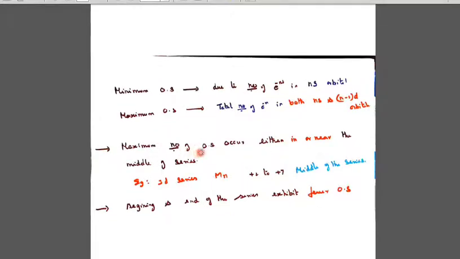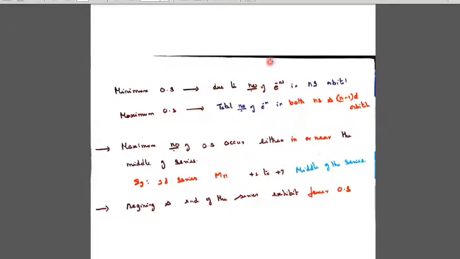The maximum number of oxidation states occurs either inside or near the middle of the series. Near the middle of the series means chromium and manganese, and likewise molybdenum and tungsten. In a transition series, when you compare the first elements, the middle elements and the last elements, the first and last elements have fewer oxidation states, but the middle of the series has the maximum number of oxidation states. In the 3d series, manganese shows +2 to +7, in the middle of the series.